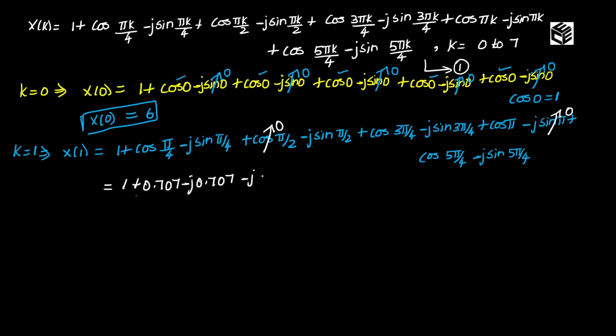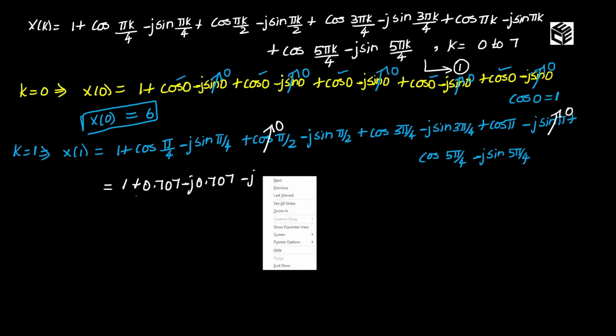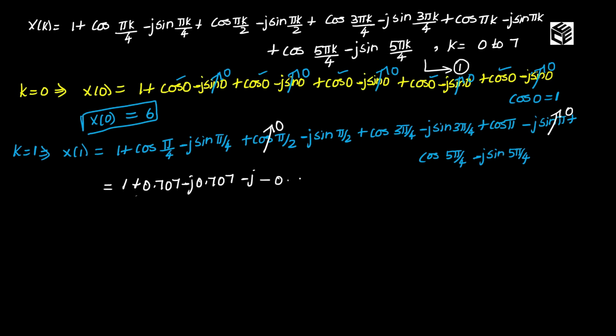Okay, so it is minus j, minus 0.707 for cos 3 pi by 4 minus j 0.707. cos pi value is minus 1 plus cos 5 pi by 4 value is minus 0.707 plus j 0.707. So my final answer is x of 1 is equal to minus 0.707 minus j 1.707.